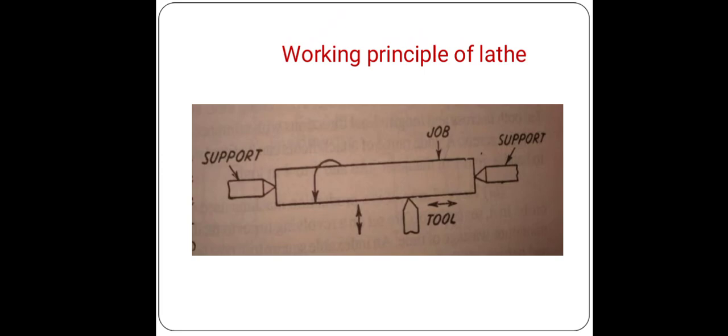Working principle, the basic working principle of the lathe. When the workpiece is fixed on two supports, one support is the headstock and the other is the tailstock. Relevant tools are selected for the particular operation. When the machine is on, the process is started.